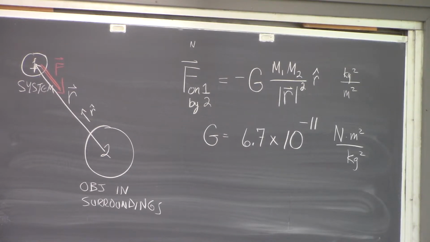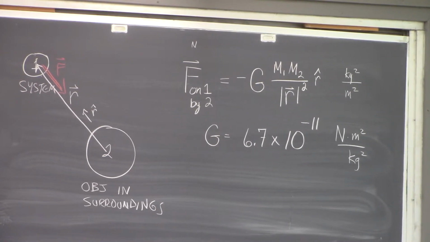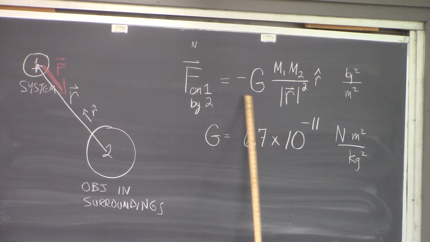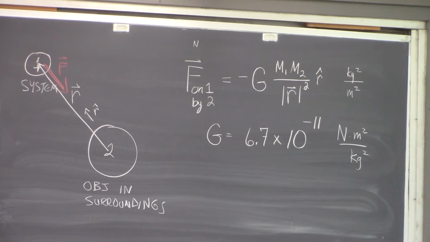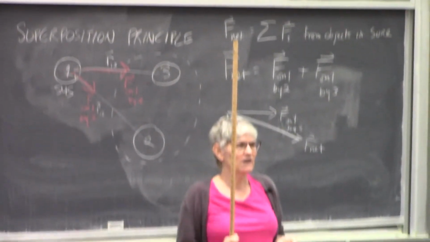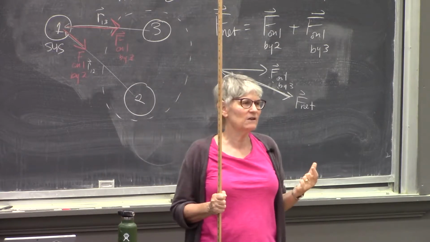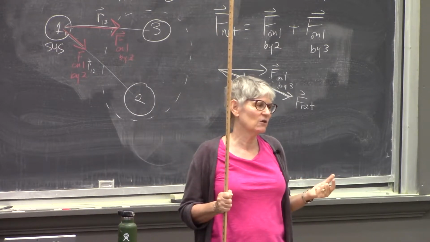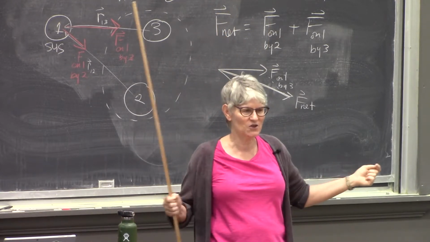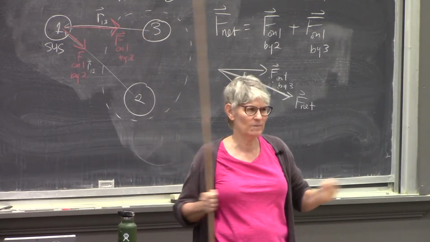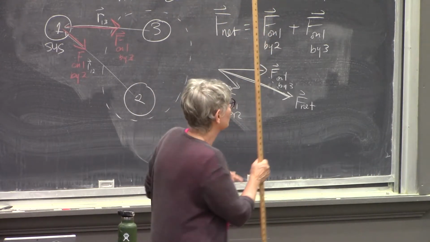So the pieces that are missing to give us the correct vector equation are the minus sign and the r hat. And remember, we had to put the minus sign in because r hat's pointing the opposite direction to the force. The reason we have defined r this way, it may seem a little arcane, is that this ends up being exactly the way we're going to need to define it next semester when we talk about electric fields. So we're just going to be consistent throughout this whole thing.